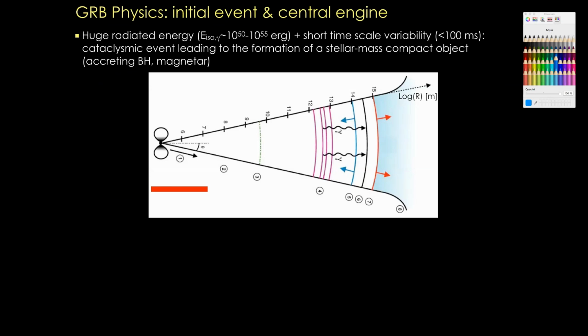And then the next point is to understand that the gamma ray prompt emission cannot be produced directly by the central source, but has to be radiated from a relativistic ejecta ejected by this source, and the radiation is produced at large distance from the source.